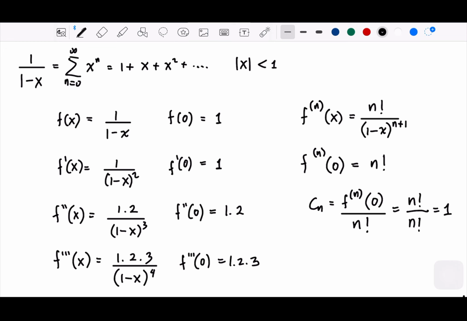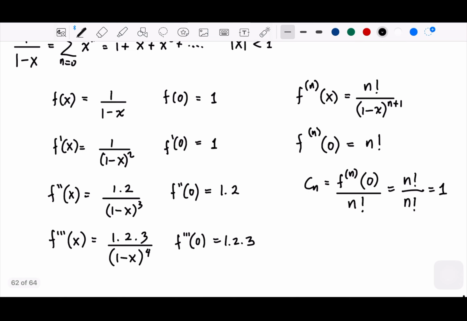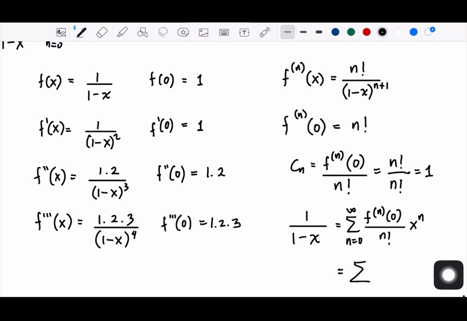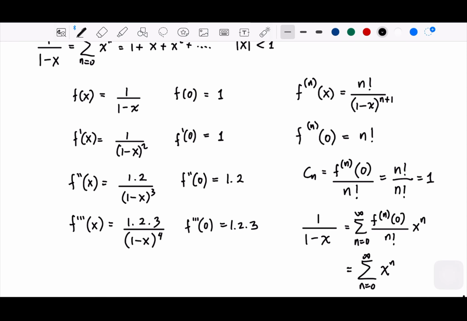So it is true that we can rewrite the function 1 over 1 minus x through the Maclaurin series, as the sum of x with power of n. So we can see 1 over 1 minus x through the lens of the Maclaurin series.